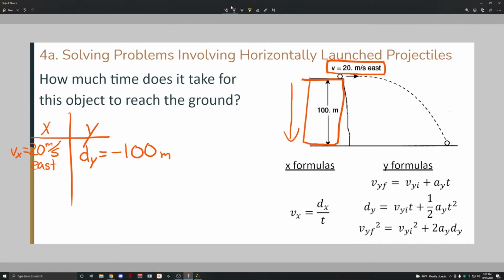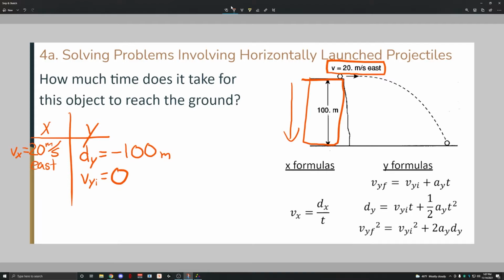And that's it for the numbers, but there are two unknowns. You have to think back to what we covered so far. In the previous slides, we said that objects that are launched horizontally start with an initial velocity of 0. The object hasn't fallen yet.